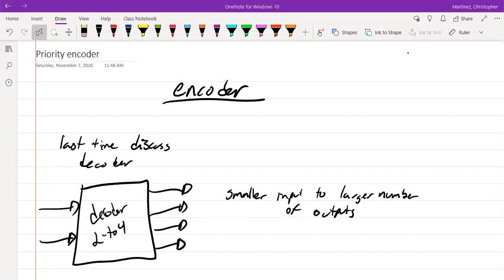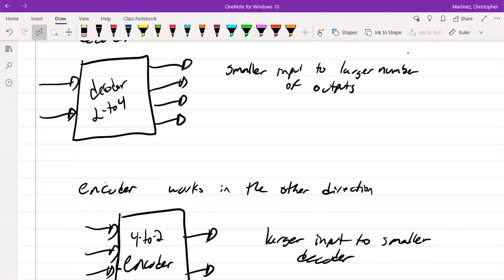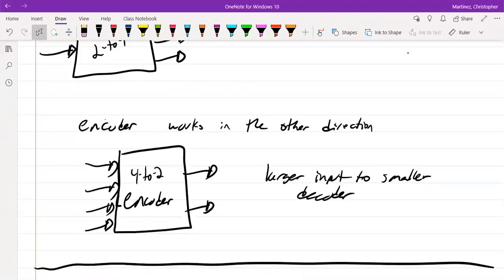That would be the input, and the output would be the 8 outputs to turn on the actual digit. Well, an encoder works in the opposite direction. The encoder has a larger number of inputs and goes down to a smaller number of outputs.